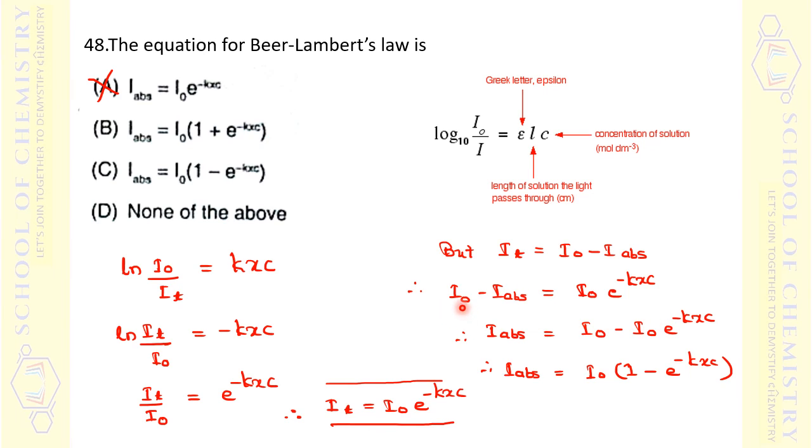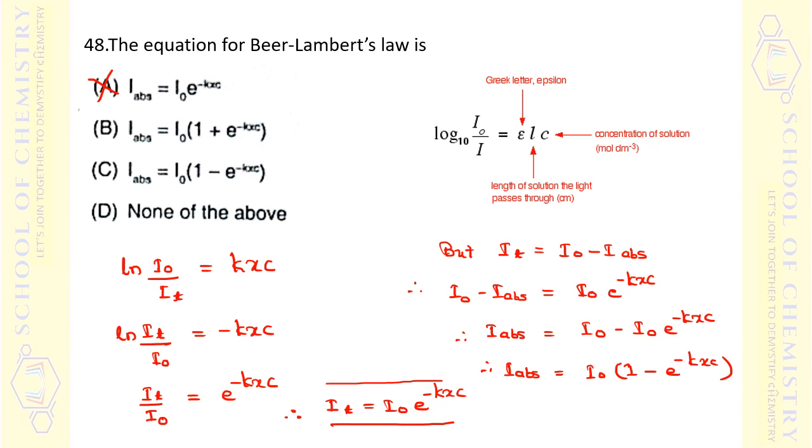I have just brought this I naught to this side, and I absorbed has been retained, or in other words, if I take I absorbed to the right side and bring this term to the left side, and change RHS and LHS, it can be written that I absorbed will be equal to I naught minus I naught into e raised to minus kxc. Now I naught can be taken common, so I absorbed will be equal to I naught into 1 minus e raised to minus kxc, and you can definitely find one particular expression exactly the same as this.